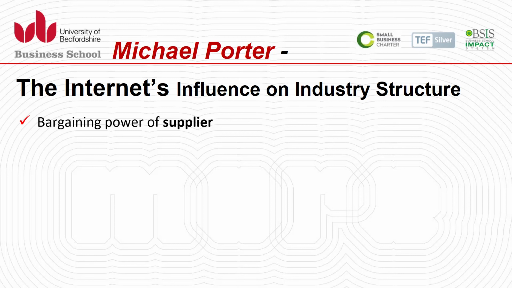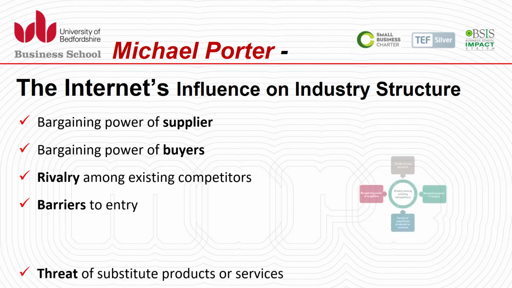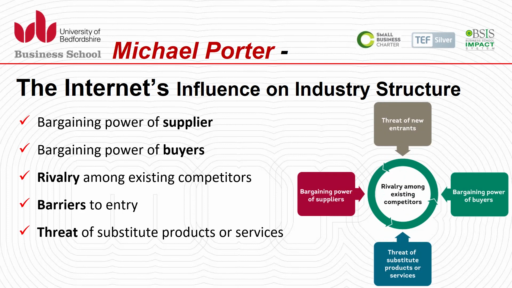The bargaining power of the supplier is one of the key elements of Michael Porter's five forces framework. Then the bargaining power of the buyer, the rivalry among existing competitors, the barriers to entering a new market, and the threat of substitute products or services.